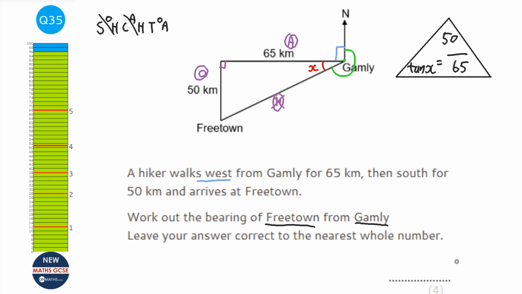Now whenever you've got tan x equals, what we need to do is inverse tan both sides. Let's make sure I put my lines in. Inverse tan both sides, and so we get x equals inverse tan of 50 over 65.